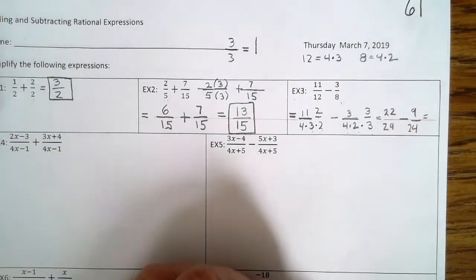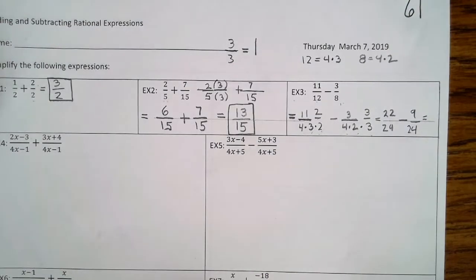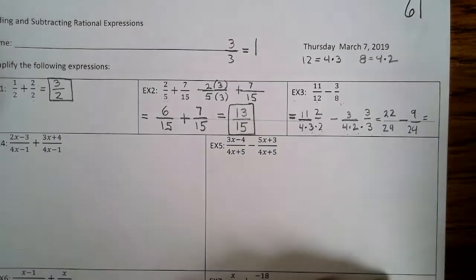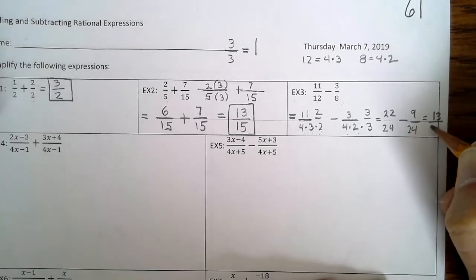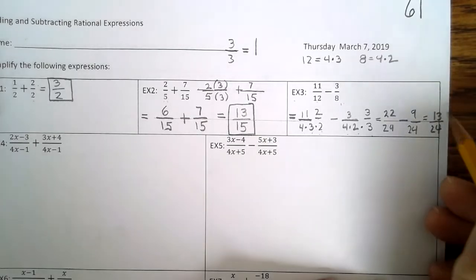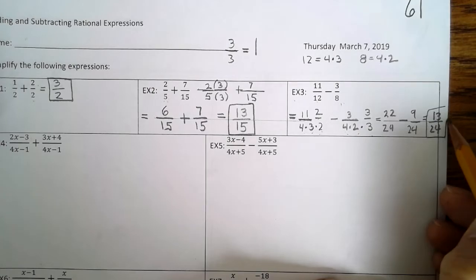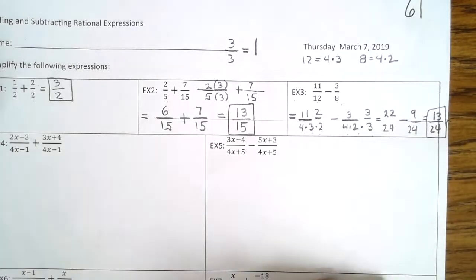So then 22 minus 9 is 13. So that's 13 divided by 24. All right, so if you would finish up examples 1, 2, and 3.